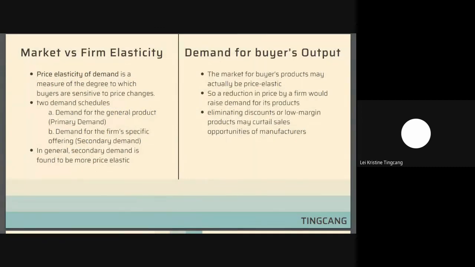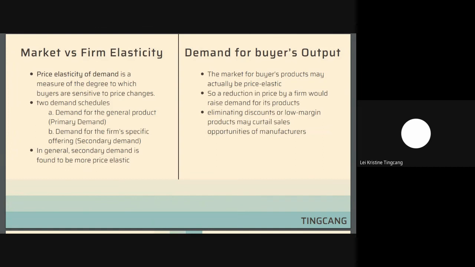So first, market versus firm elasticity. So price elasticity of demand is again a measure of the degree to which buyers are sensitive to price changes. So in any market characterized by several functionally substitutable products, there are actually two demand schedules.